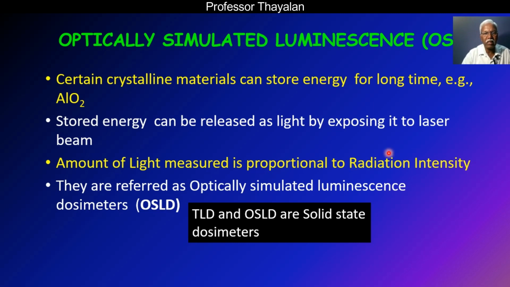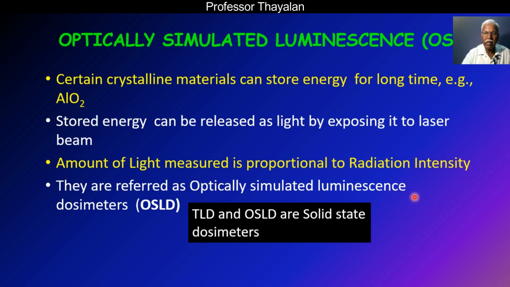So you take a crystal exposed to radiation, it will store the energy. Later it is exposed to a laser beam, so energy is released in the form of light. That light is measured, which is proportional to radiation intensity. This principle is called optically stimulated luminescence.